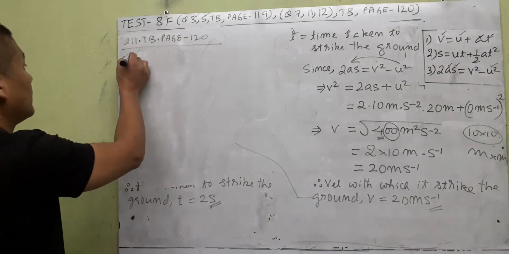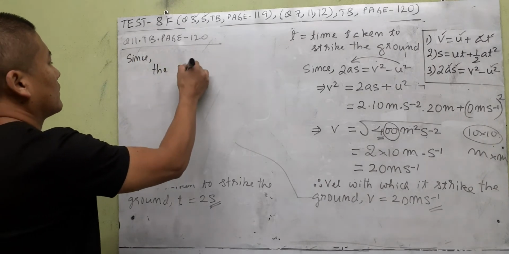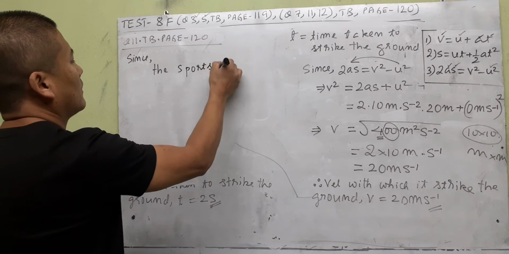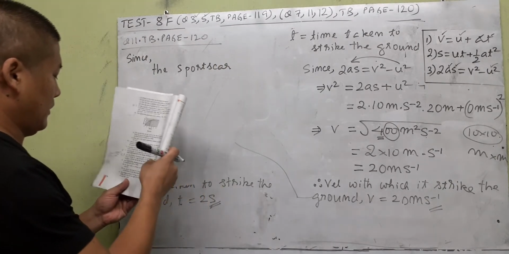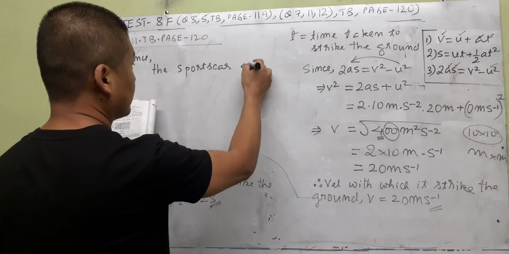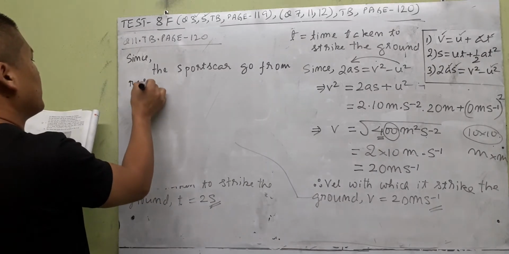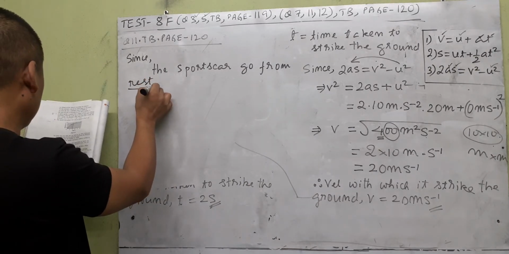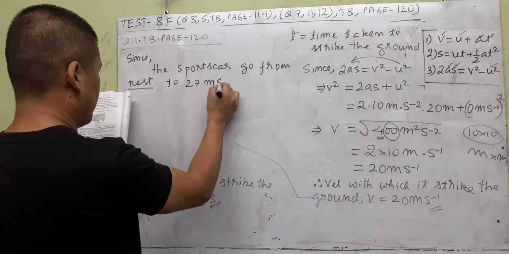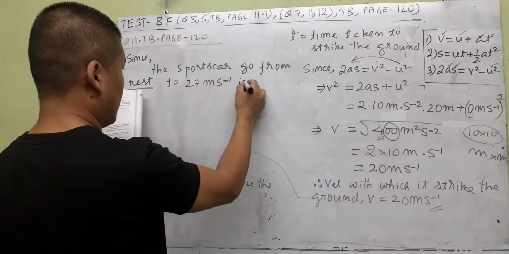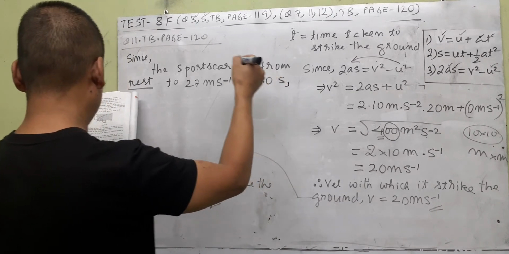So here, the sports car goes from rest, which is a keyword, to 27 meter per second in 9 seconds. That's what the question is saying.